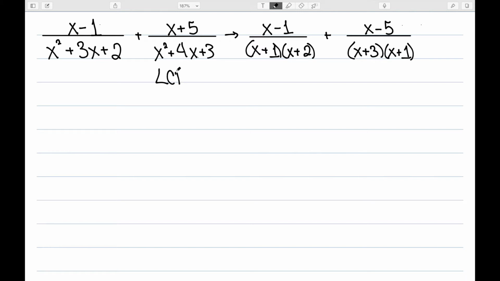So when I look for my least common denominator, I write down what's on the bottom of the first, x plus 1, x plus 2. I then look at my second fraction. It has an x plus 3 and an x plus 1, but I already wrote down x plus 1, so I don't need to write it down again.